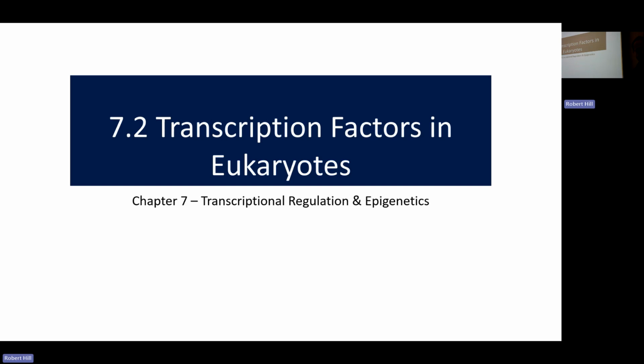So, transcription factors in eukaryotes. It's the abundance and collective activity of transcription factors that guides transcriptional regulation in eukaryotic cells. With this myriad of transcription factors, you can get a more diverse and selective level of transcription.